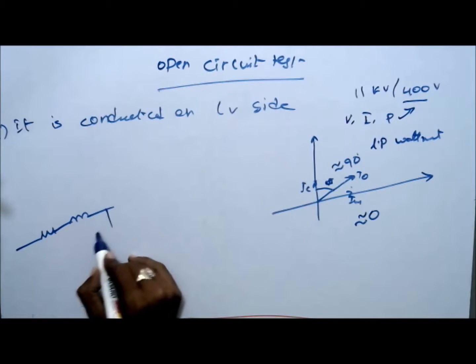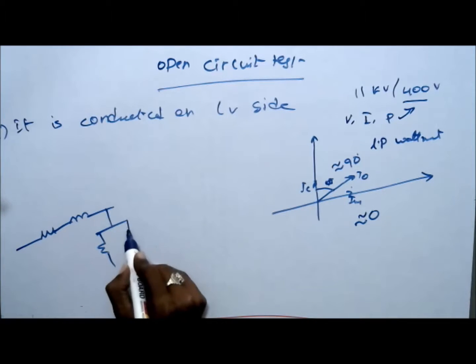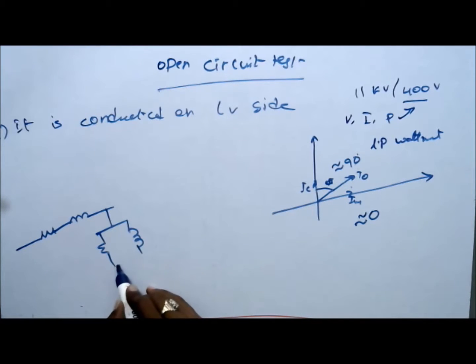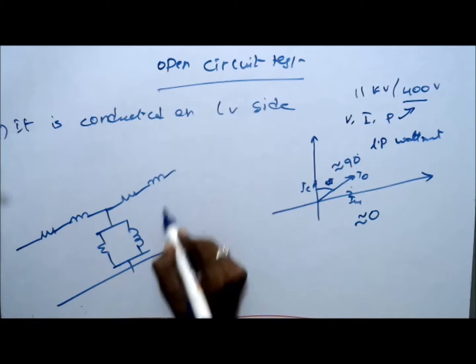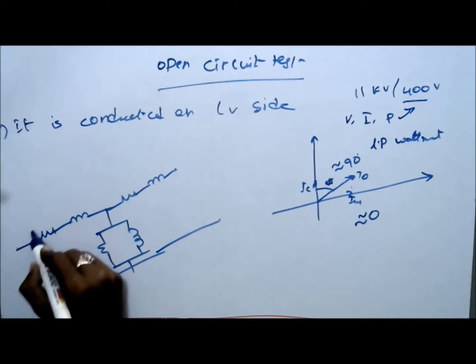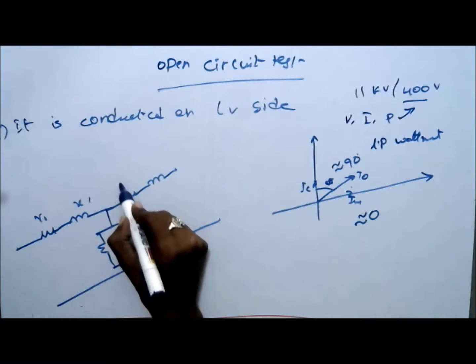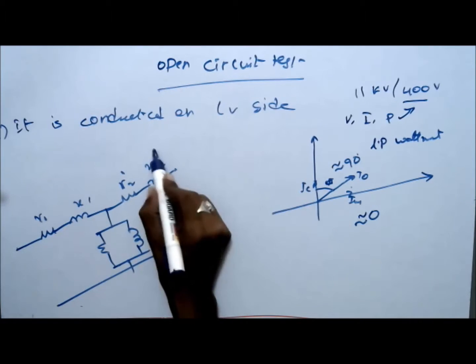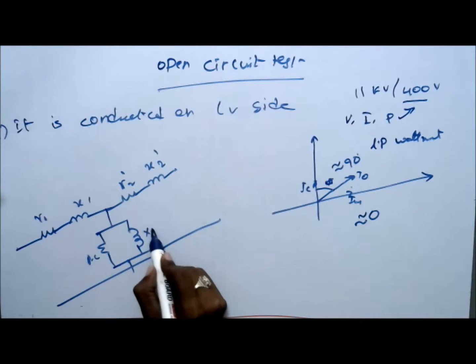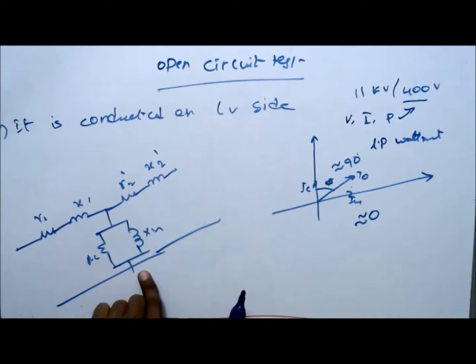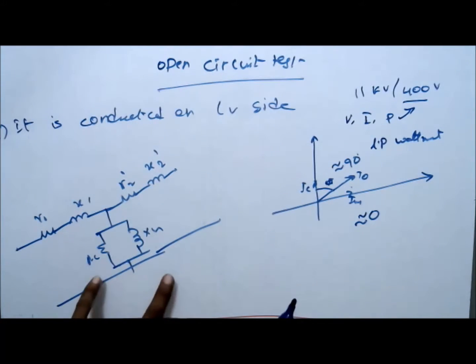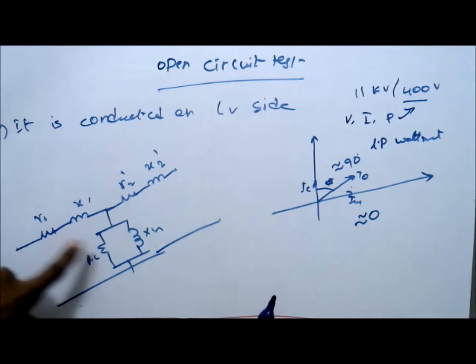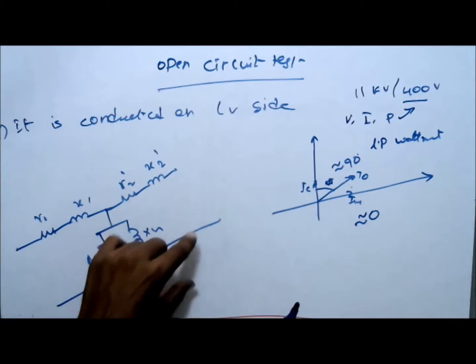See here, this is the exact equivalent circuit. This is R1, X1, R2 dash, X2 dash, RC, XM. If you move the shunt branch parameters to either side, at the source side or at the load side, you can approximate this equivalent circuit to a simpler form.